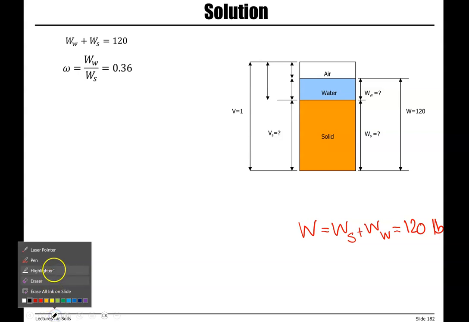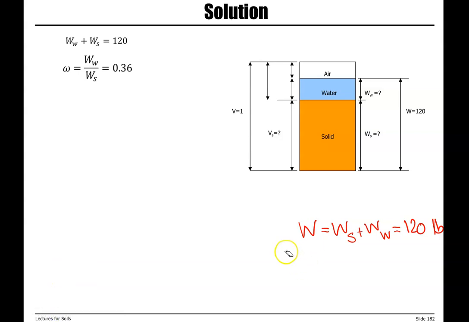So that's another thing that we know. Water content, which is weight of water divided by weight of solids, is 0.36. And we need to use these two formulas to solve for weight of solids and weight of water.